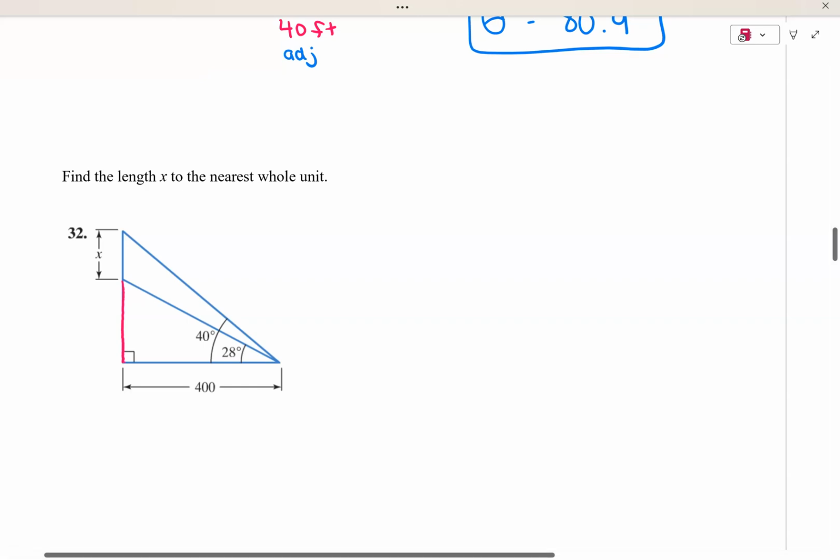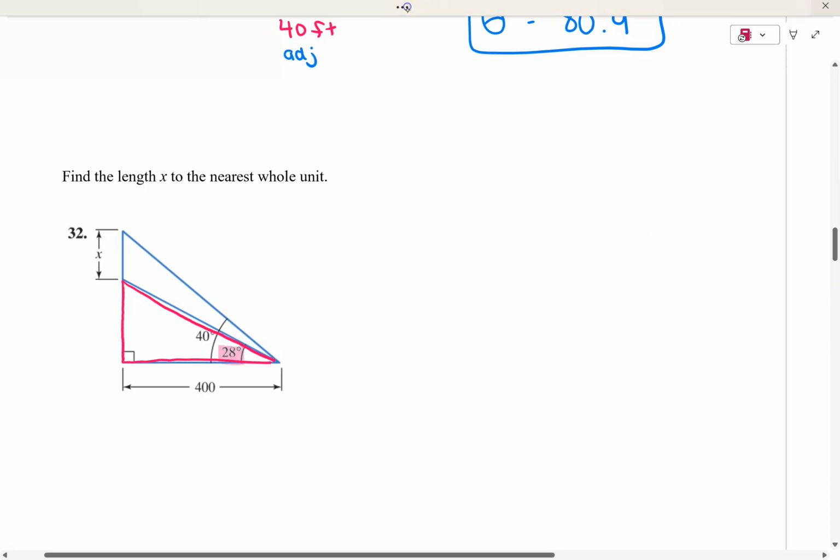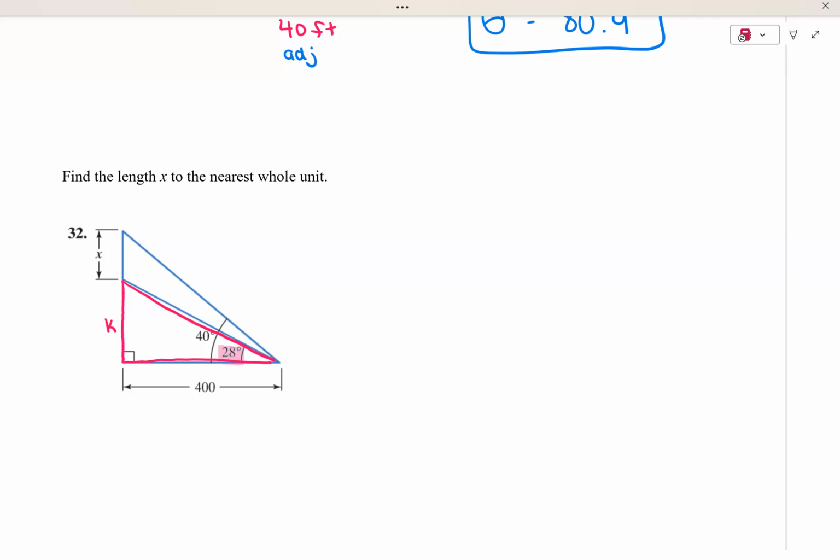This first triangle here has 28 as the reference. So that would allow us to figure out what the height is right here. So let's see. That would be tangent again. So we're going to have tangent of 28 equals k over 400. And again, when that's in the bottom, we just multiply.